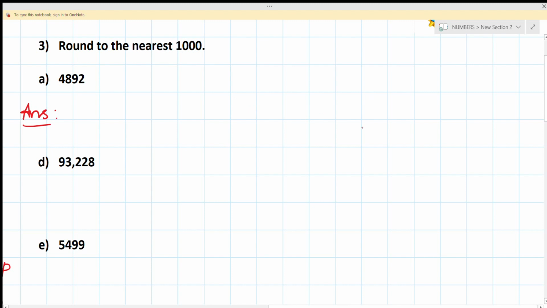First find the nearest multiples between which the given number lies: 4,000 and 5,000, and the mid number is 4,500. Now check where the number lies. 4,892 lies after the mid number. So we are going to round up to the nearest 1000.